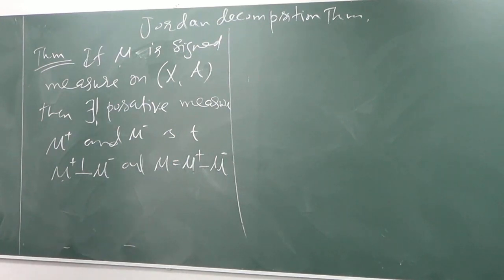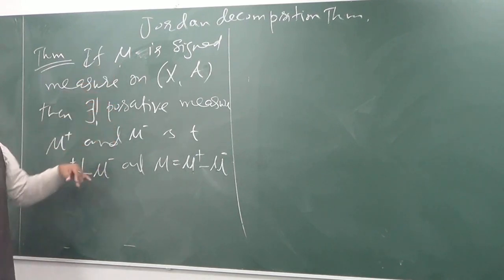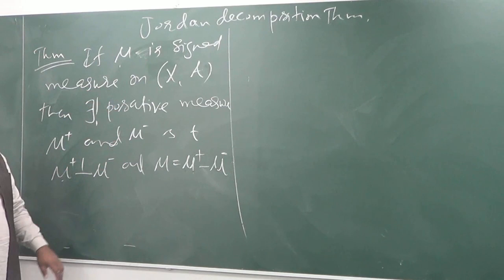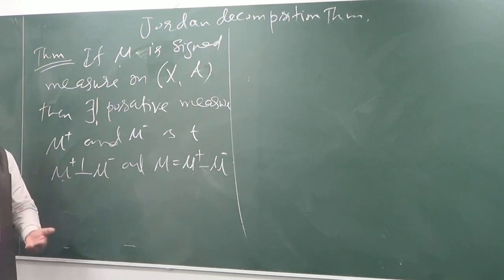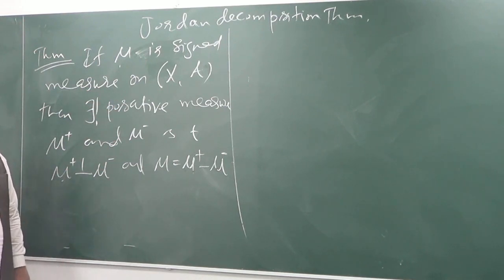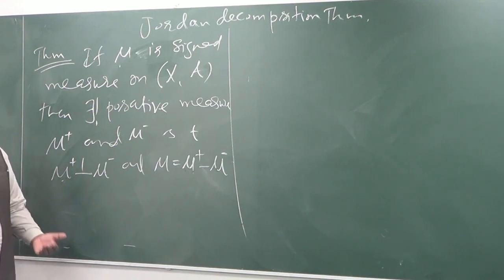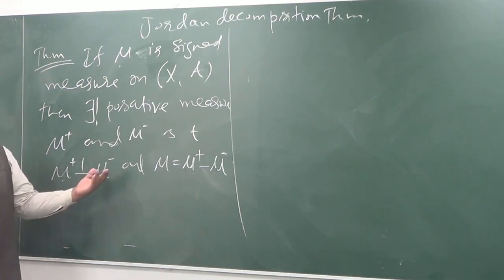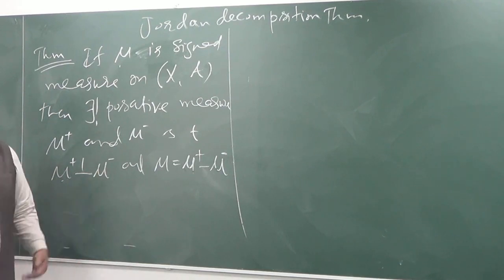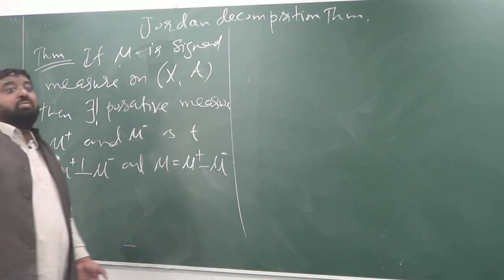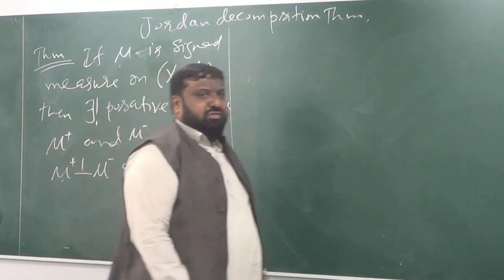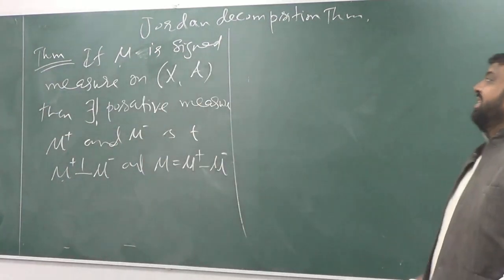It's not exactly the same because you have this additional condition. So you can always find two positive measures with these two properties. In other words, you can always decompose a signed measure into the difference of two positive measures. This shows that positive measures are important and it's sufficient to study them.